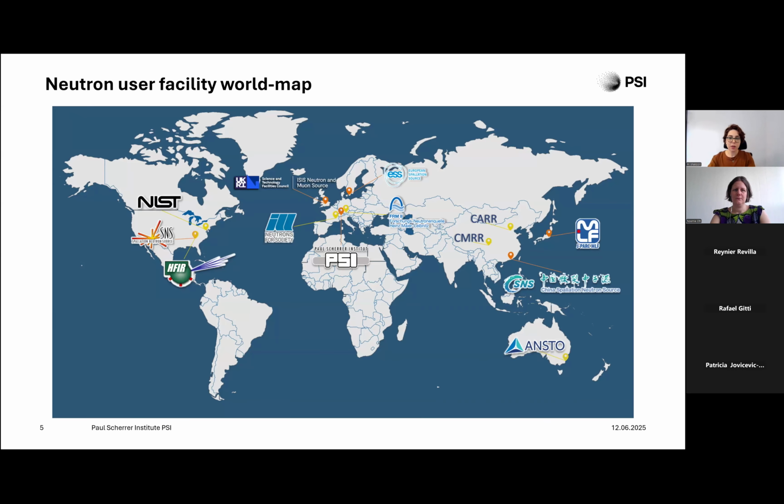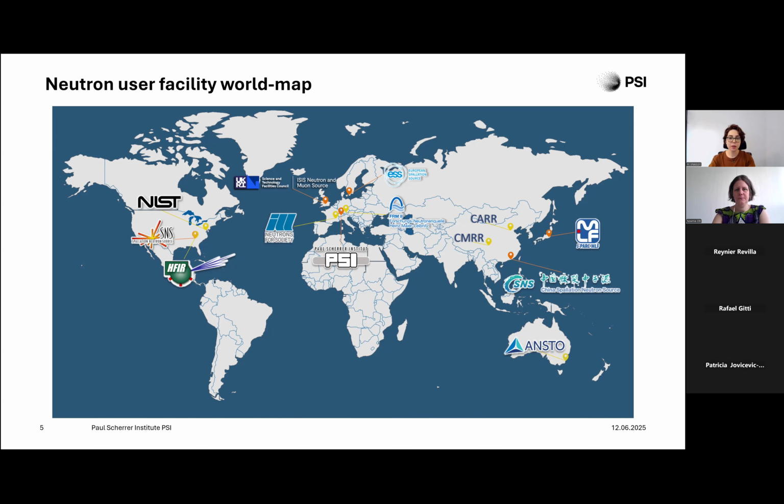PSI's SynQ is one of a handful of world-class neutron user facilities alongside, for instance, ESS and ILL in Europe, ISIS in the UK, SNS and NIST in the States, and J-PARC in Japan, and so many others. This global network gives researchers diverse options for flux, spectrum, and instrumentation.